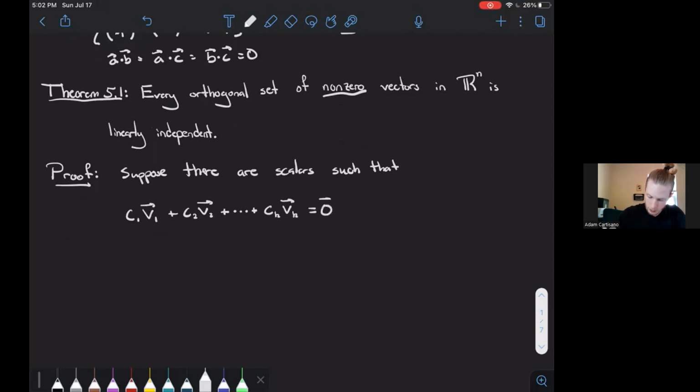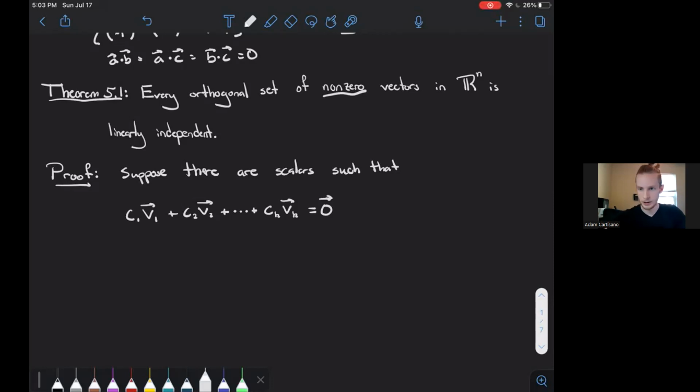Let me tell you what some of the assumptions are for this equation. The scalars in question are the ci's, and we're assuming that v1 up through vk is an orthogonal set of vectors, so every single one of them is at right angles to every other one in the set. Also, all of them are non-zero.